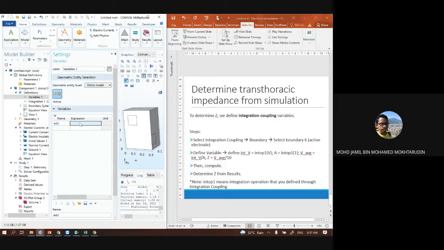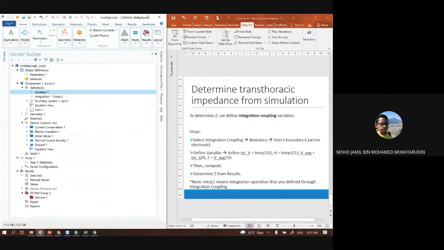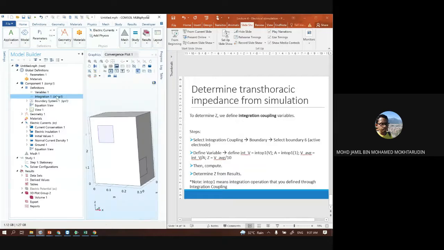So what we can do now is, if you look at this integration, the name here is integration 1, INTOP1. INTOP1 means integration operator number 1.